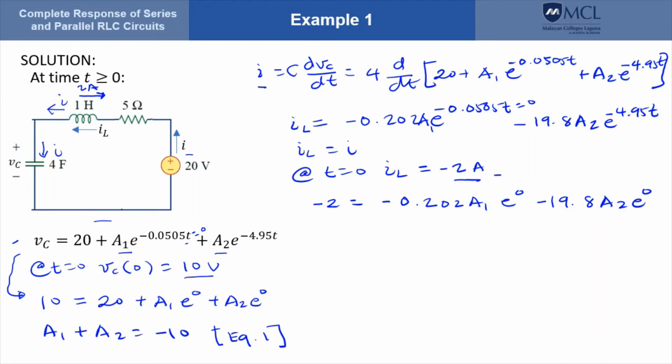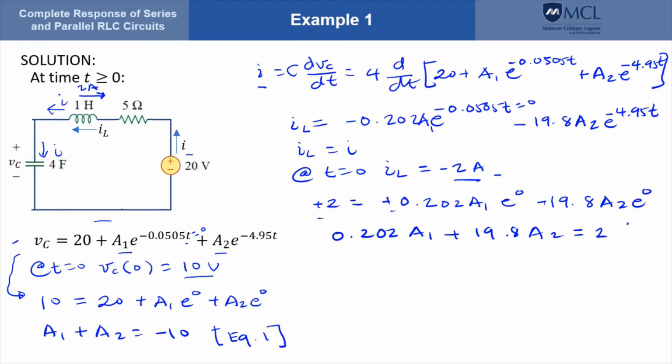We can cancel the minus signs, so we can make this plus and plus, and that should give us 0.202 A1 plus 19.8 A2 equals 2.